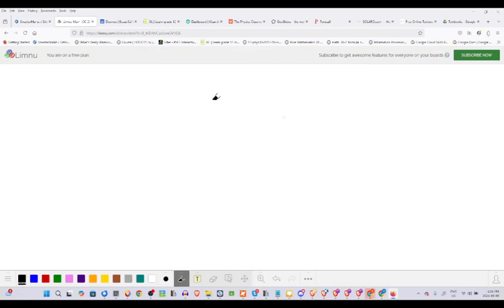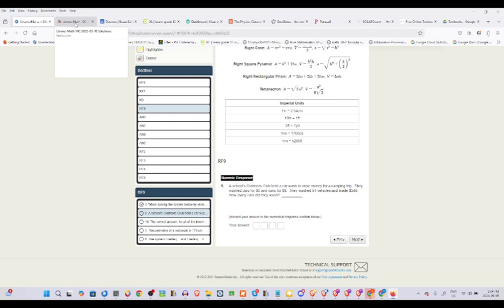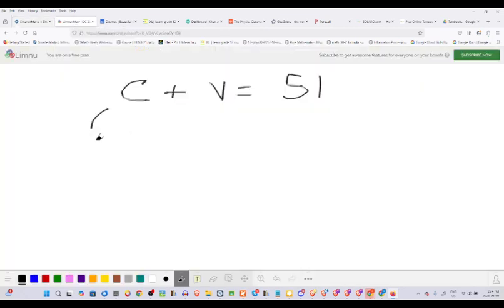So we know cars plus vans is 51. Now they also charged $6 per car and $8 per van. So 6 cars plus 8 vans. And they made 340. That is supposed to be a 3.